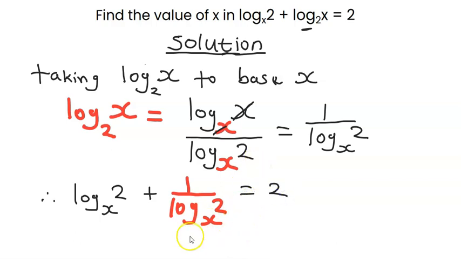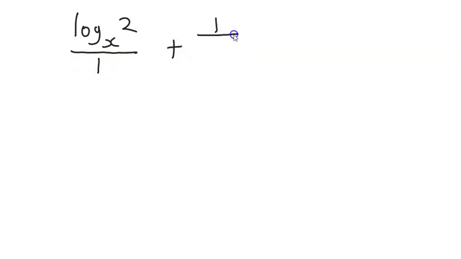Good. Now since I have it that way, what do I do? This is now log 2 base x. It's as good as saying log 2 base x over 1 plus 1 over log 2 base x, that is equal to 2.